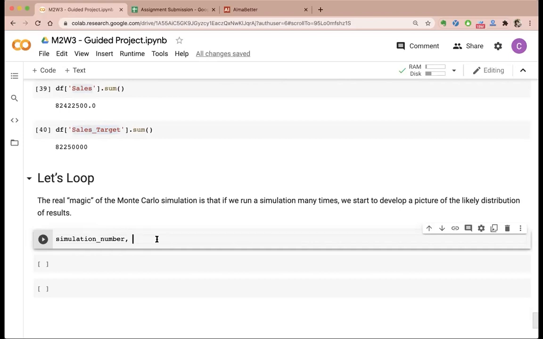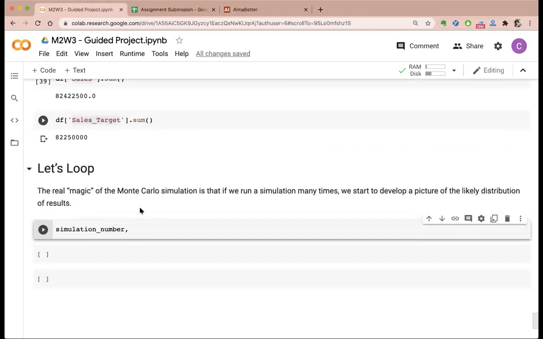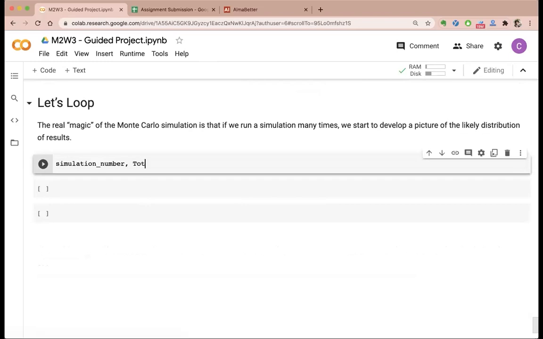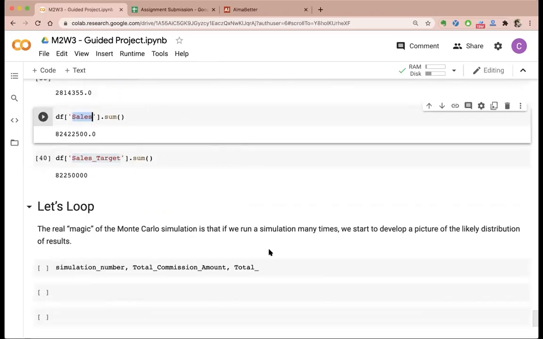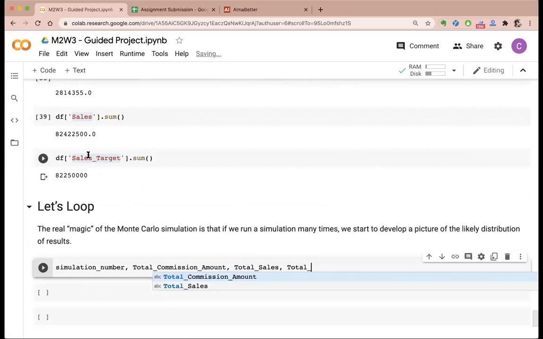For each simulation number you will get these numbers: total commission amount, total sales, and total sales target.